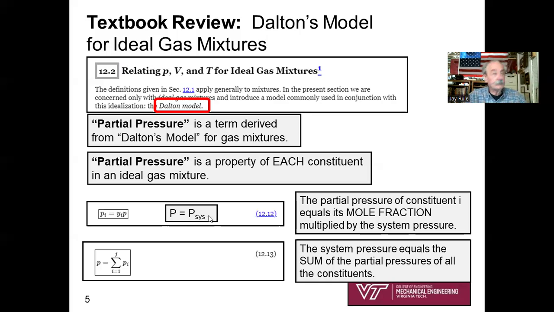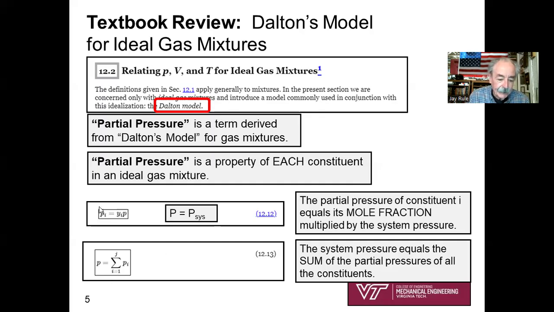For example, atmospheric air: the pressure of atmospheric air would be 1 atmosphere or 101 kPa or about 1.01 bars. That's the pressure of the mixture of our air. But each constituent, the nitrogen and the oxygen and the argon, will have its partial pressure, and each of those partial pressures is called P sub i.